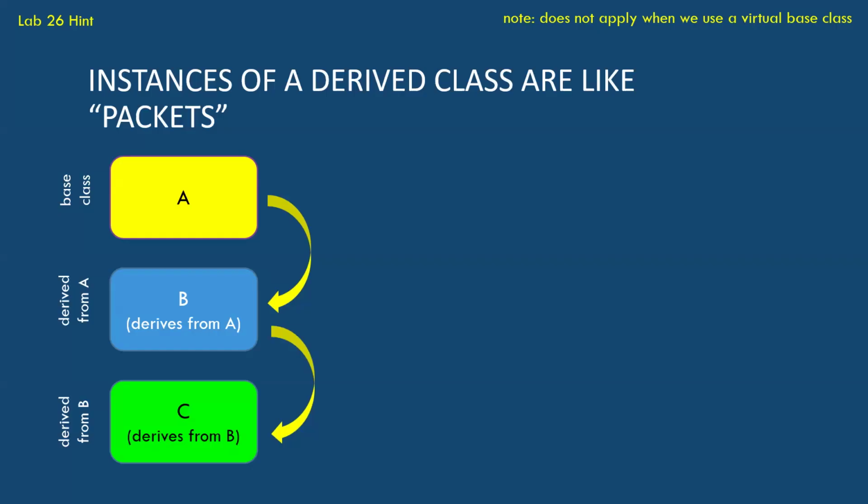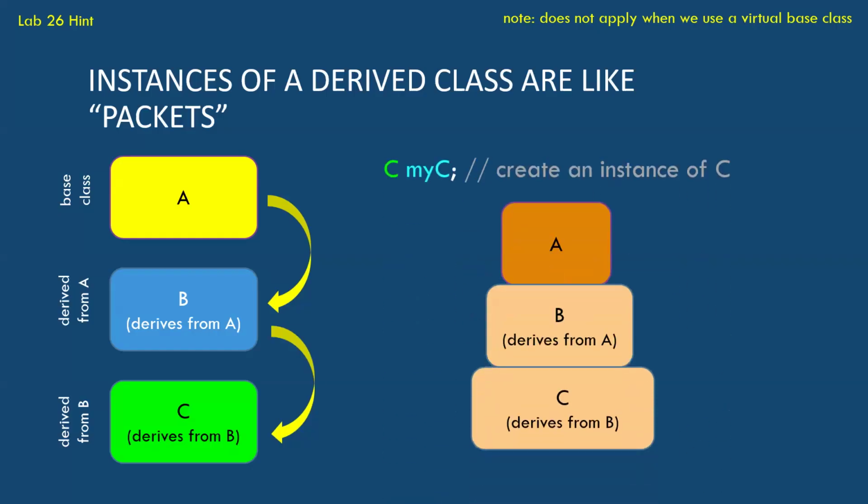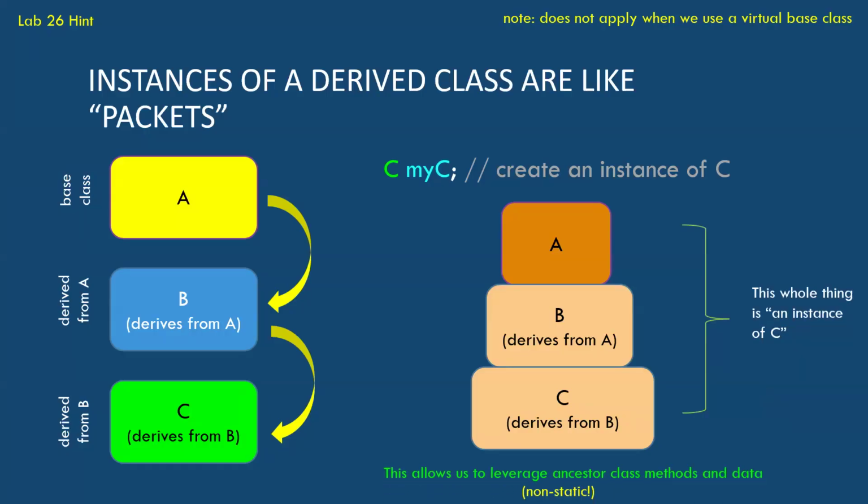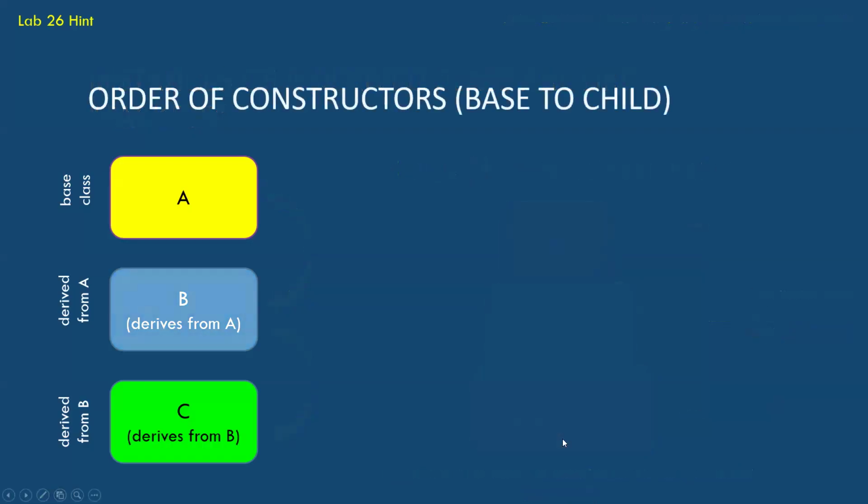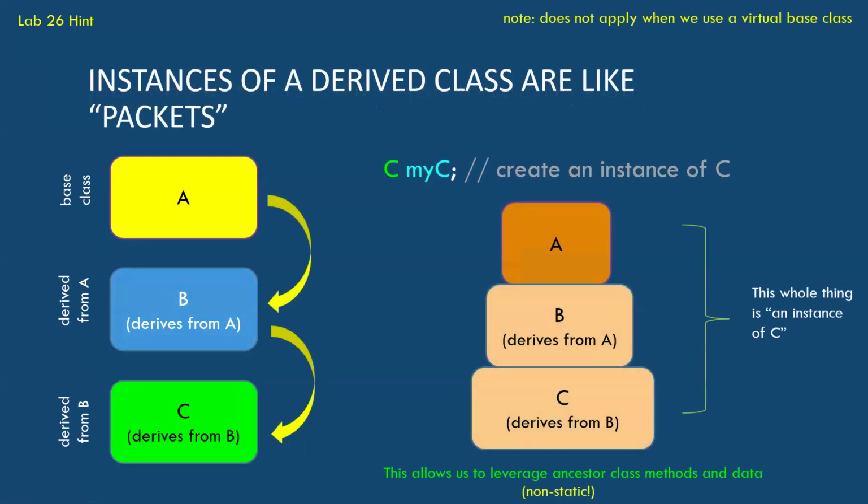So if I create a C, that instance of C is going to have a copy of B and A in the box with it. It's going to cascade all the way up to A and construct in the downward order, base to child.